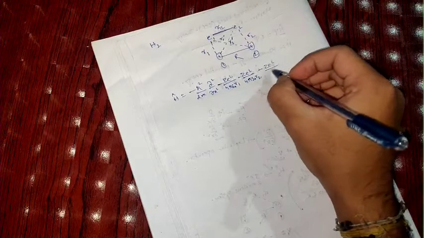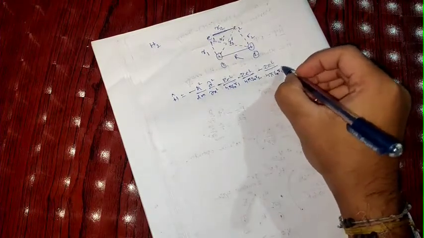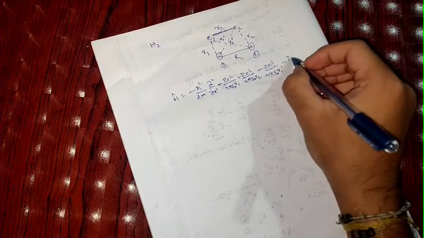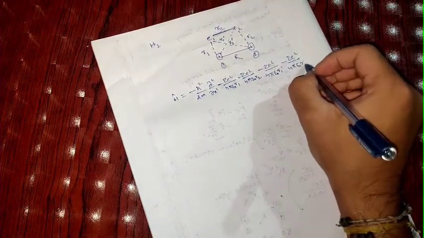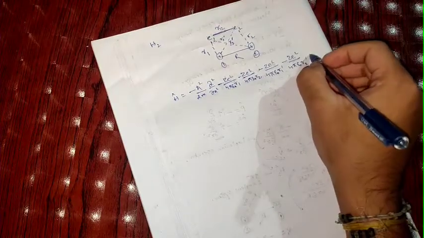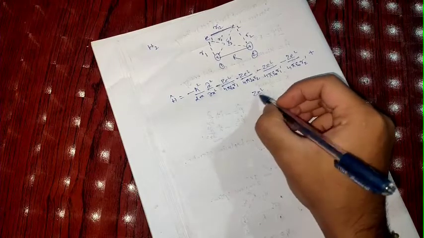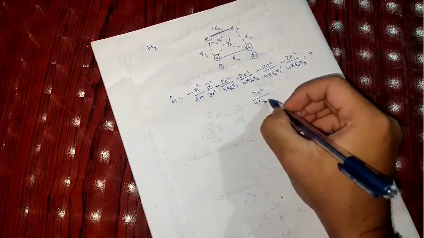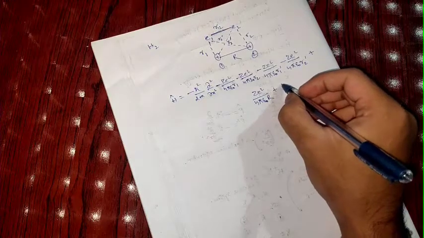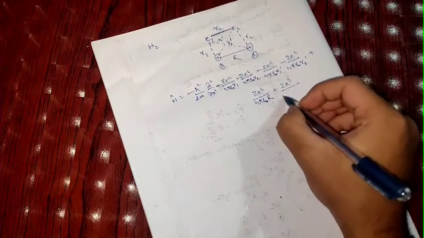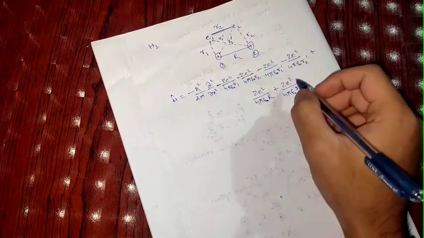Z e square by 4 pi epsilon naught r1 dash minus Z e square by 4 pi epsilon naught r2 dash, okay, plus Z e square by 4 pi epsilon naught r plus Z e square by 4 pi epsilon naught r12.